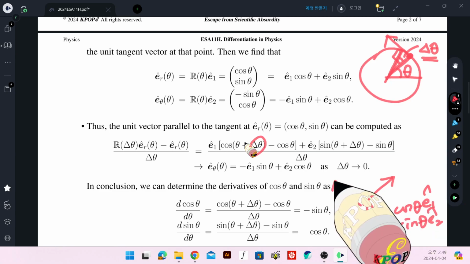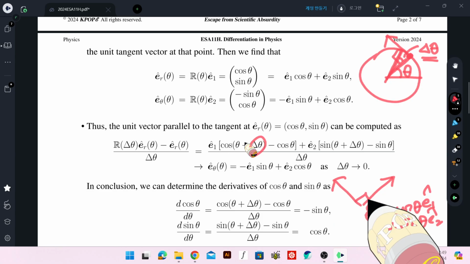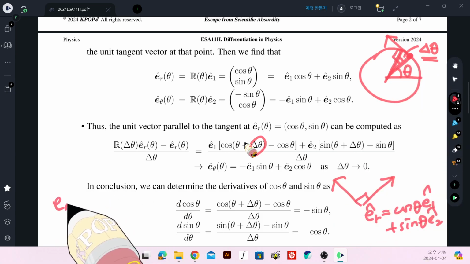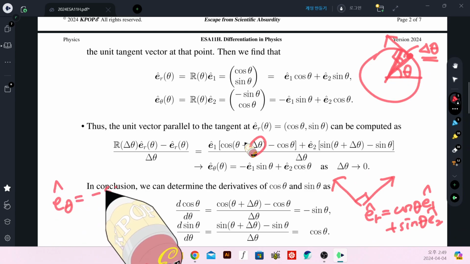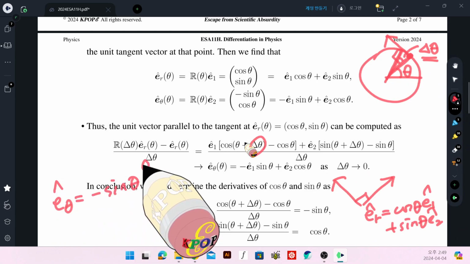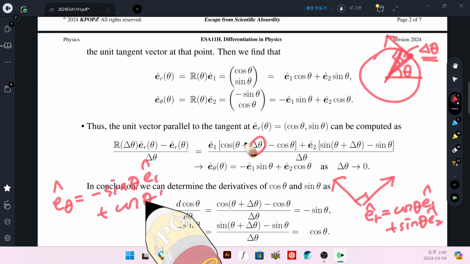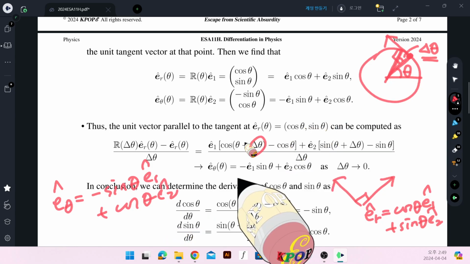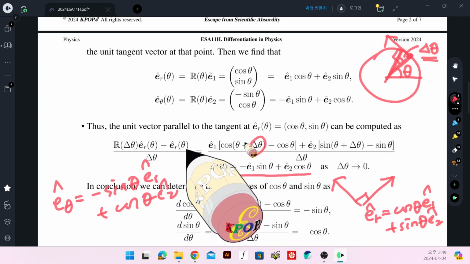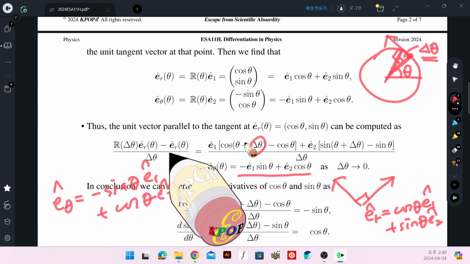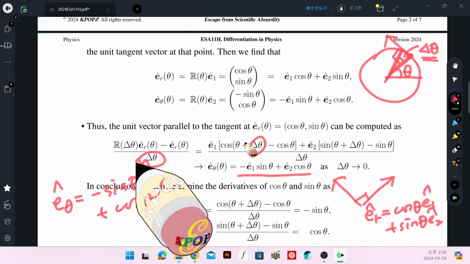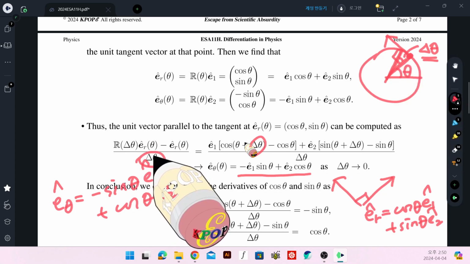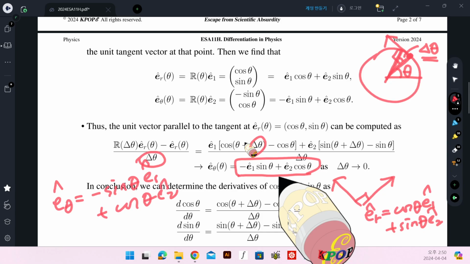And we know that the unit tangent vector along the direction of increasing polar angle is E theta hat, which is minus sine theta E1 hat plus cosine theta E2 hat. As a result, the ratio of the displacement to that small additional angle of rotation approaches the unit tangent vector.